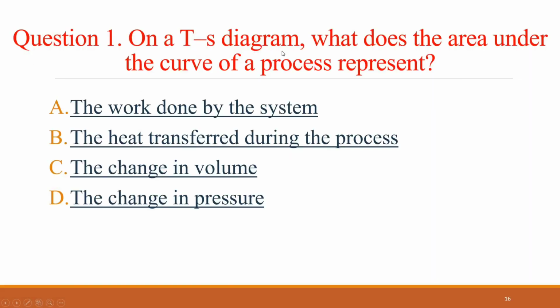Question 1. On a TS diagram, what does the area under the curve of a process represent? The correct answer is the heat transferred during the process.